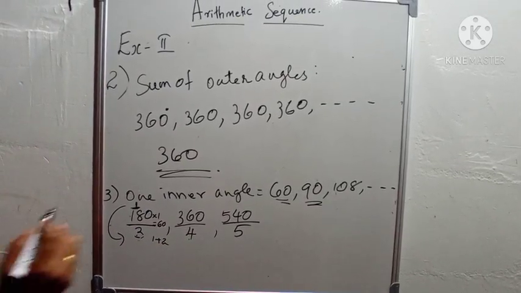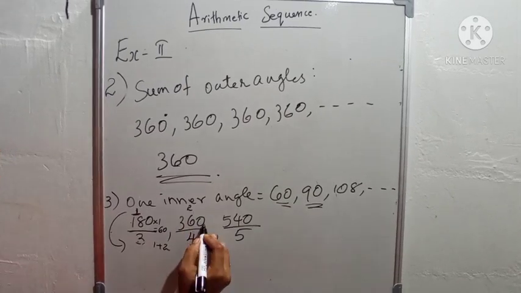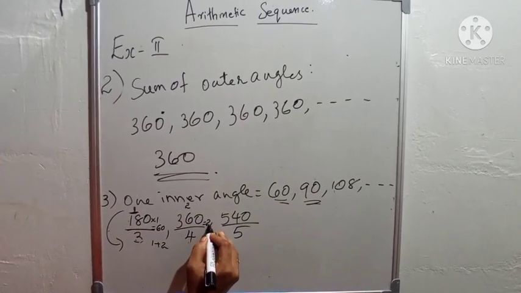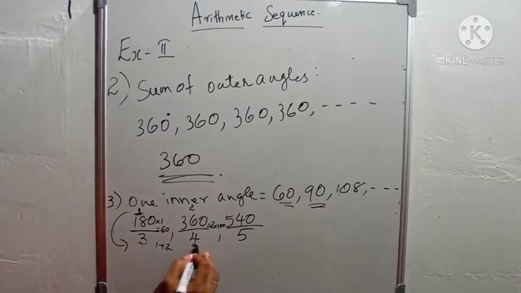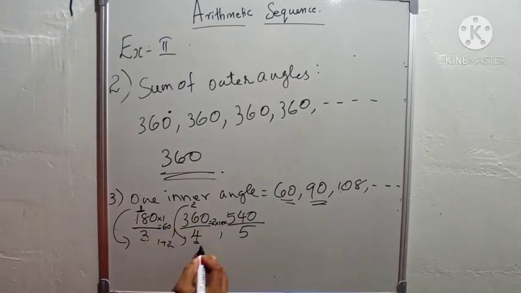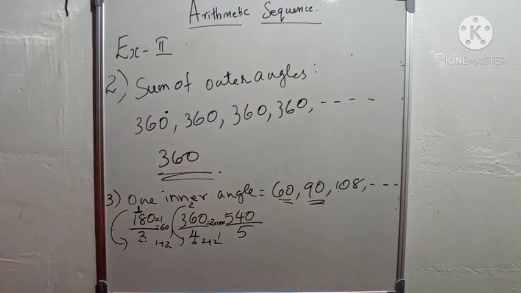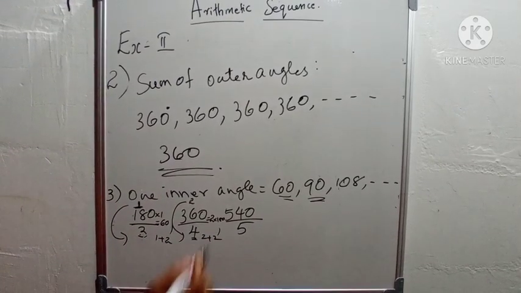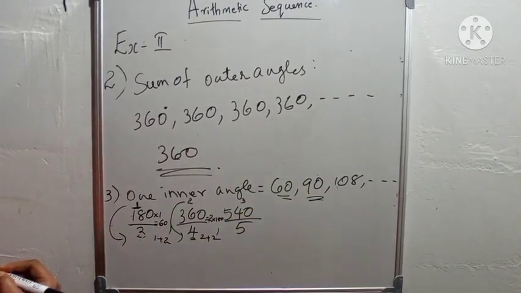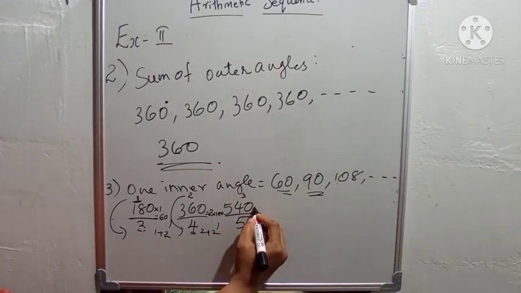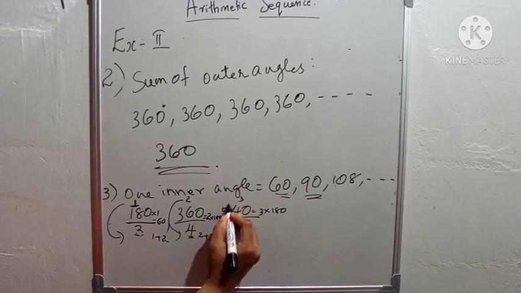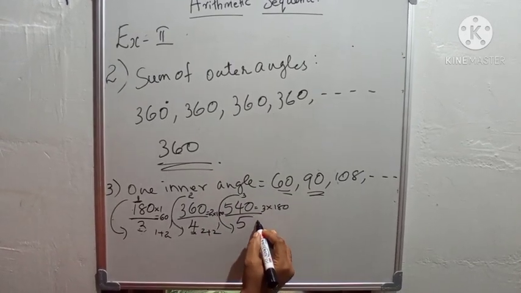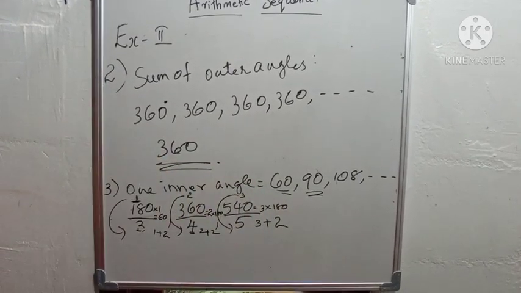And this one is the second term, and we know that 360 is actually 2 into 180. And what about this 4? This 4 is actually 2 plus 2. Then this one is the third term, and we know that this 540 is actually 3 into 180. And this 5 is 3 plus 2.